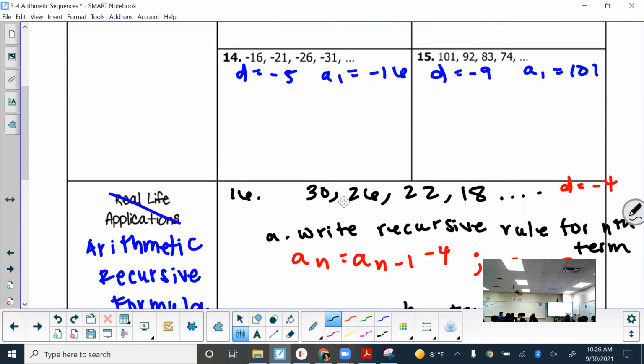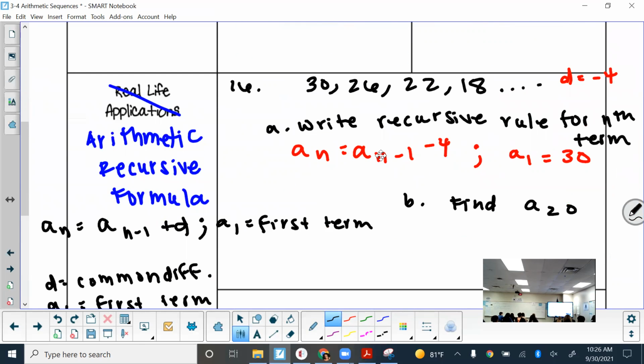What this formula is saying is that the 20th term is basically the 19th term: a sub 20 minus 1 is a sub 19, minus 4. Doesn't that make sense?